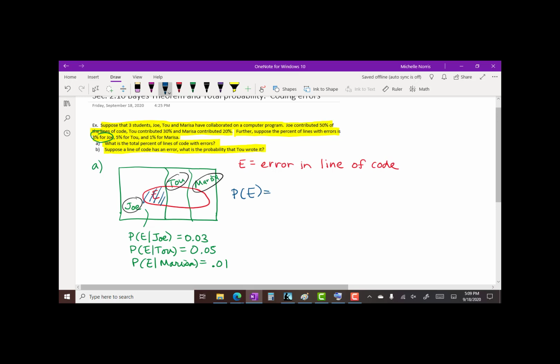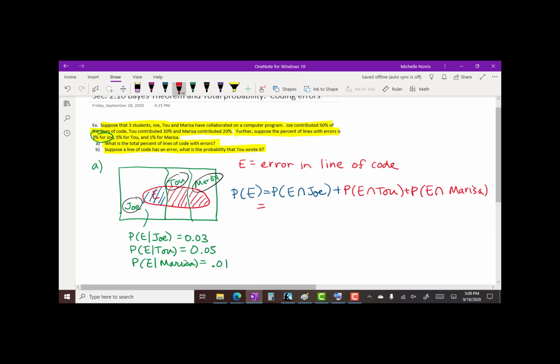It's the probability that the line has an error and was written by Joe, plus the second piece, the lines of code that have errors and are written by 2, so the probability of an error and being written by 2. And finally, the probability of an error and being written by Marissa. So that's this last little piece. Those are all disjoint, so we can add the probabilities. So this is just total probability. We're breaking it down here.